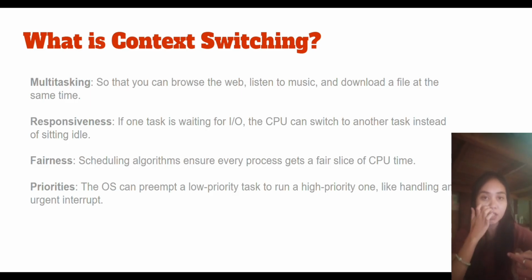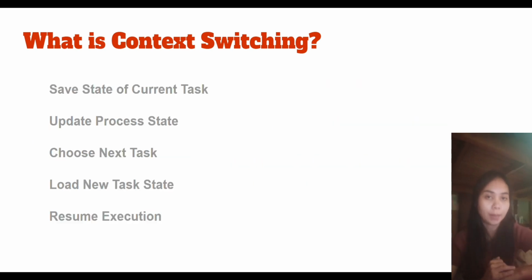So, the question is, how does the operating system perform a context switch? Let's discuss it step by step. The first thing to do is to save the state of the current task.